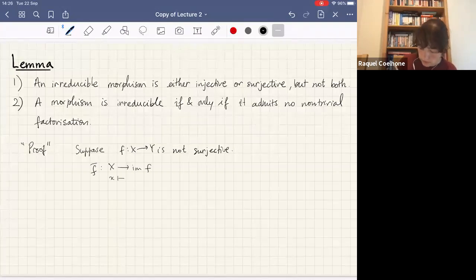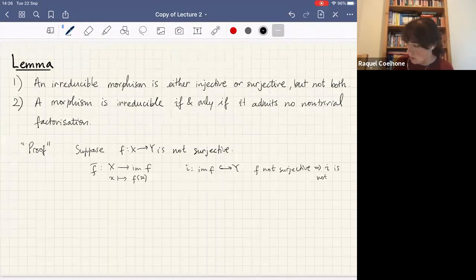So just have this, and then the inclusion of the image of f into Y. Note that because f is not surjective, this implies that its inclusion is not a split epi.